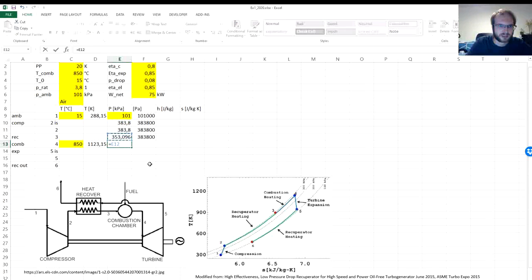So you will say that at point 4 the pressure is the same as at point 3.